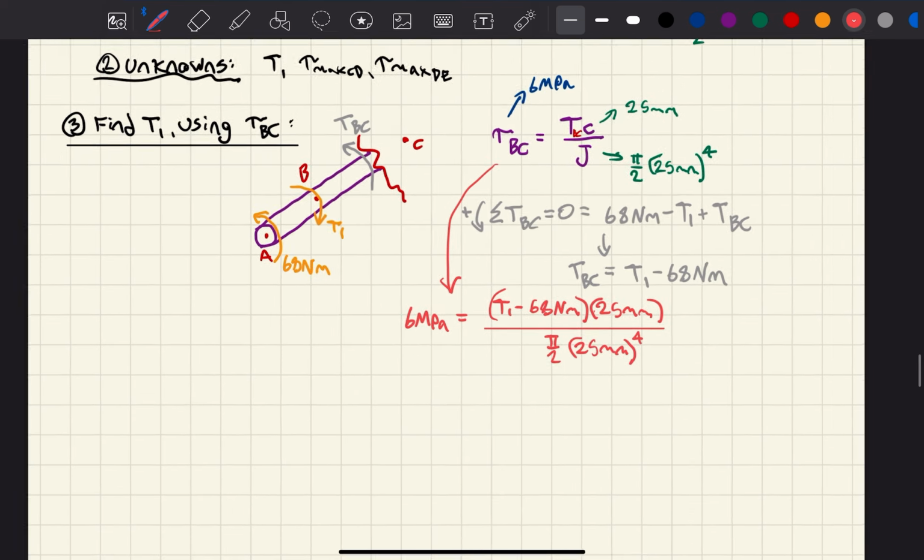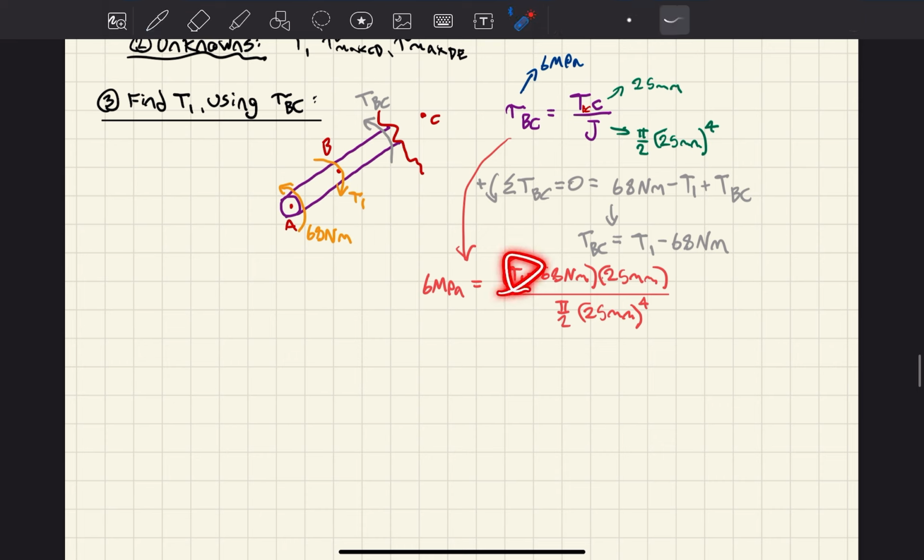Beautiful. So all you're going to do now is isolate for T1. But the most important thing, for the analytical of you, is you're going to get a wrong answer if you plug the numbers in as is. Look at your units. Right here you have Newton meters. You have megapascals here, which is newtons per millimeter squared. And you have millimeters.